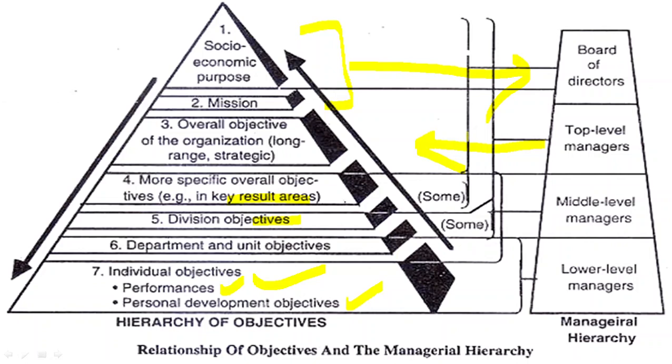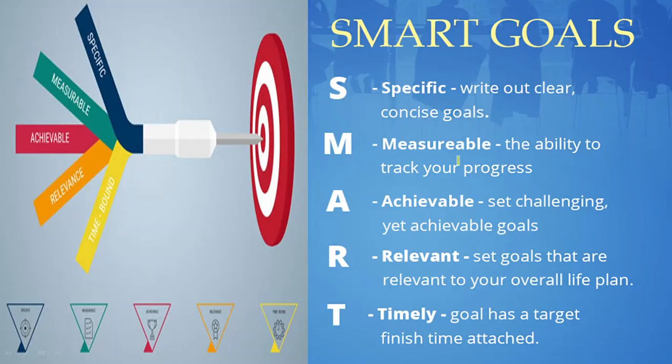On the top level, the objectives will be more inclusive, overall objectives of the organization that are aimed for the long range strategic objectives. And on the lower levels, the objectives are confined to the individual goals, individual preferences. So there can be SMART goals of an organization.